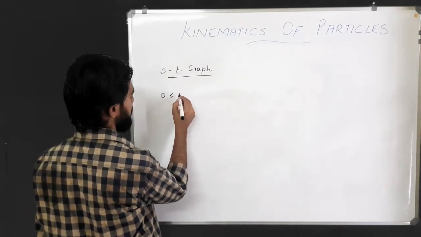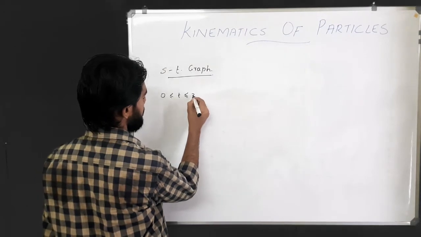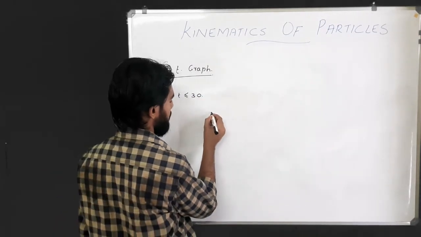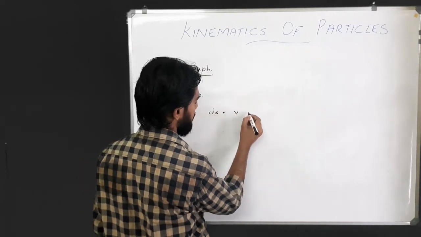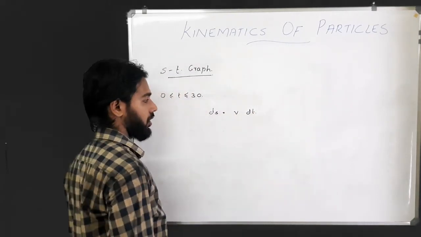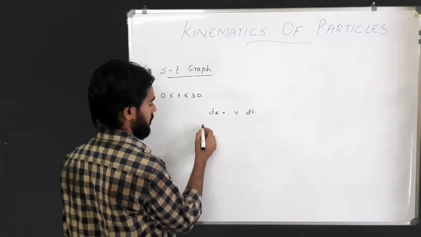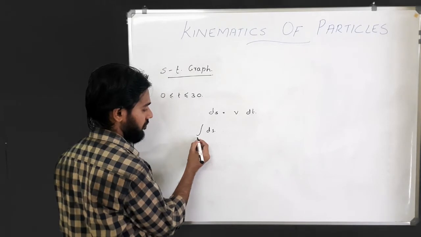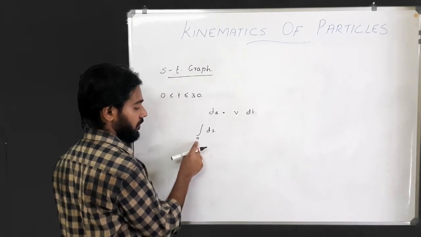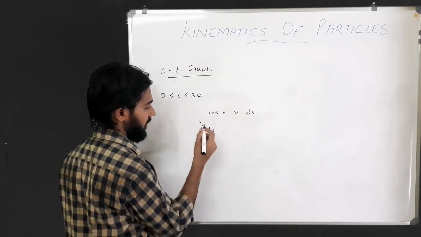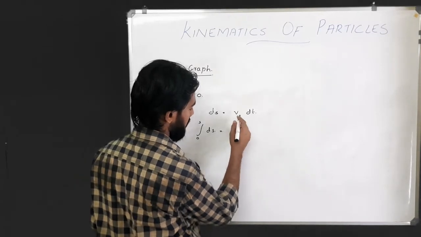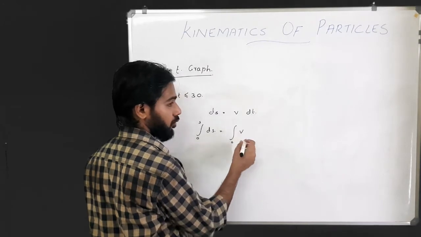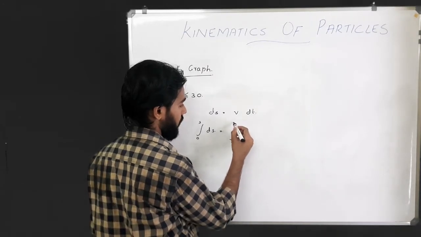Now here, during the first stage between 0 and 30 seconds, we apply the equation ds equals v dt. Initially the value of displacement is 0, the final value let it be s. Now v, the lower limit as such is 0, the final limit in order to obtain the equation I am writing as t.